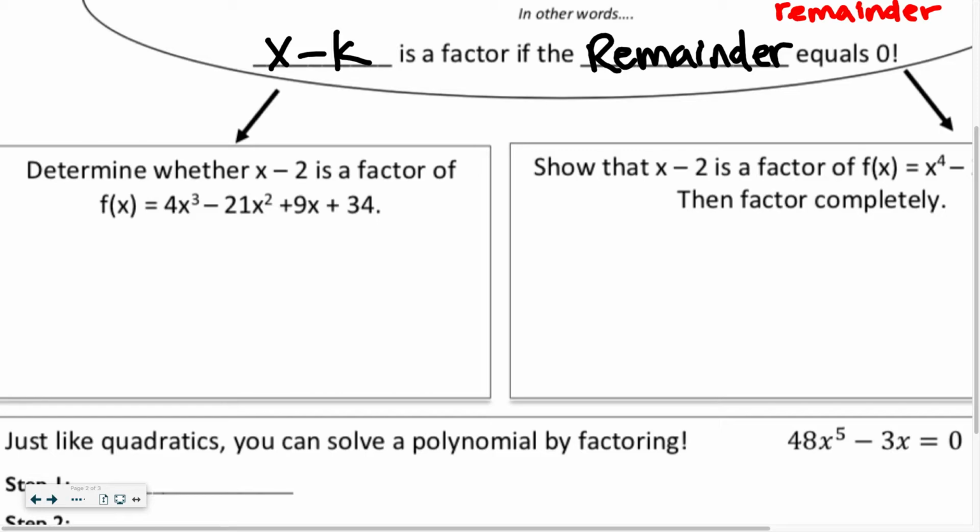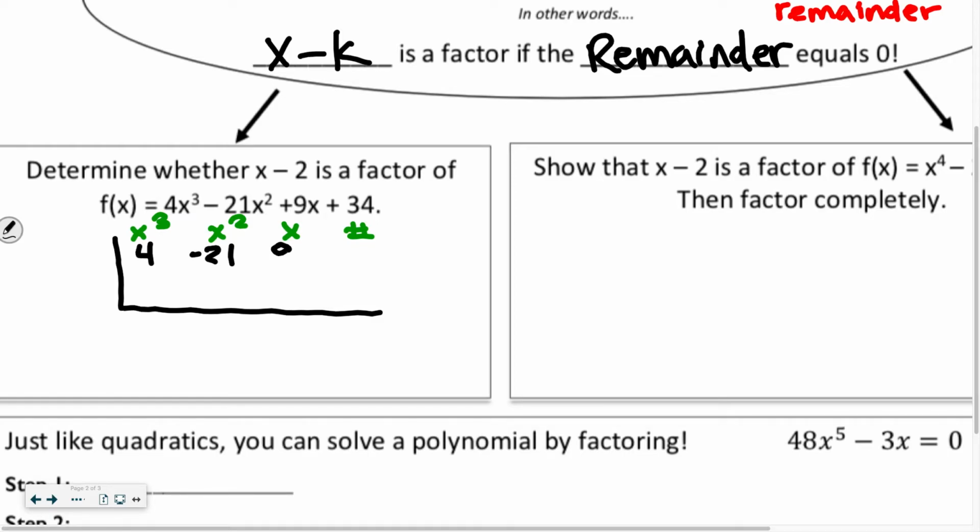Would you probably choose long division or synthetic division? Synthetic. Sierra had really big eyes there. Please, synthetic, right? So let's set up synthetic. What's the highest exponent in this f of x? X cubed, so I have to have an x cubed, an x squared, an x, and a number. And I'm going to drop in the coefficients 4, negative 21, 9, and 34.